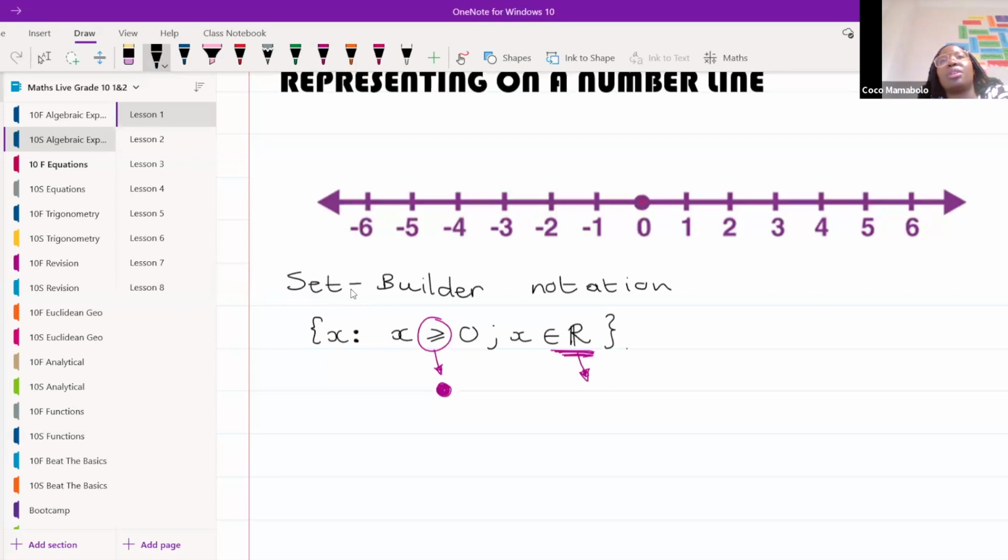So I'm going to go to 0, and I'm going to draw a closed dot, right? Now, because my x is an element of real numbers, do I include this part, like 0,8? Yes or no? Abu says yes. What do the rest of you guys say? Princess says no. What does everybody else think?